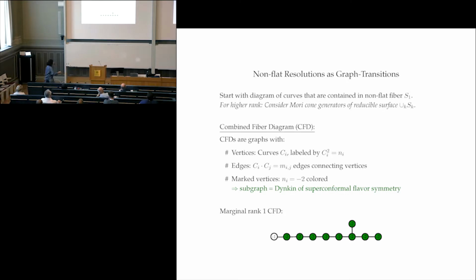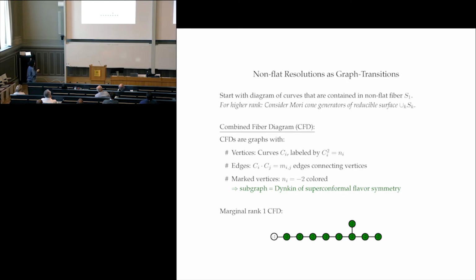And then I'll define a diagram, which is this combined fiber diagram, which has vertices given by the curves. They're labeled by their self-intersection number. The edges are basically, Ci, Cj is the number of edges between the two vertices.